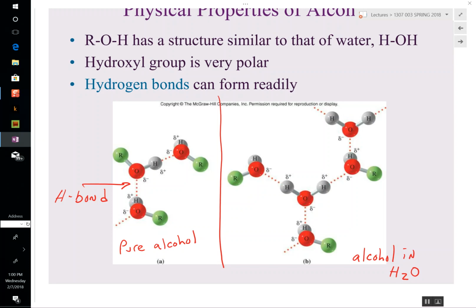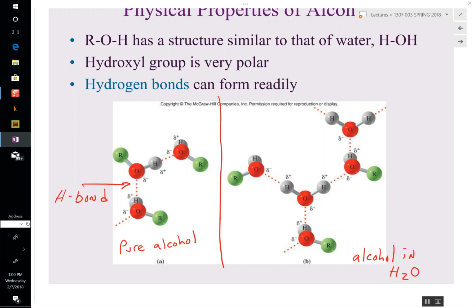Now here's the alcohol, there's the R group, whatever R is, 1, 2, 3, 4 carbons. Now you throw it in water, and the same thing can happen. The oxygen on the alcohol can hydrogen bond with a hydrogen on a water molecule, and the oxygen on the water molecule can hydrogen bond with a hydrogen on an alcohol.